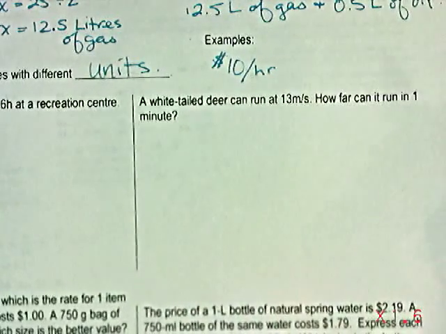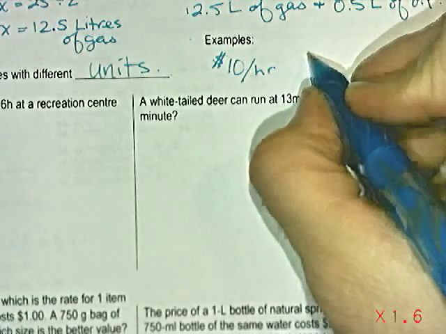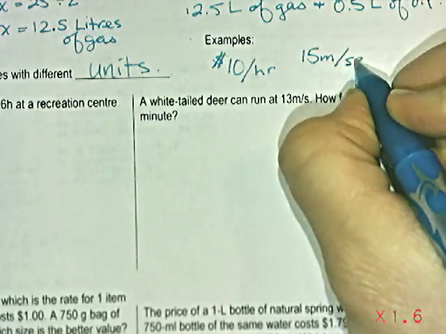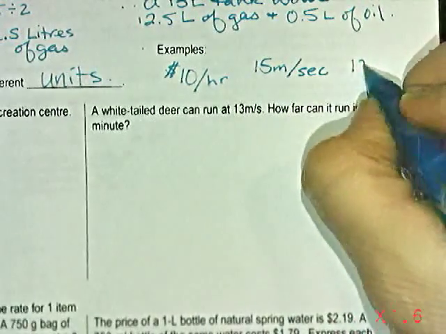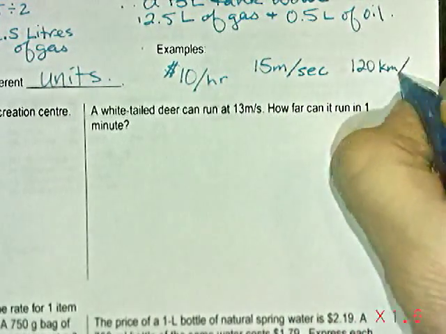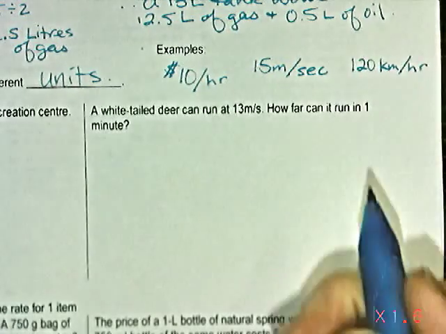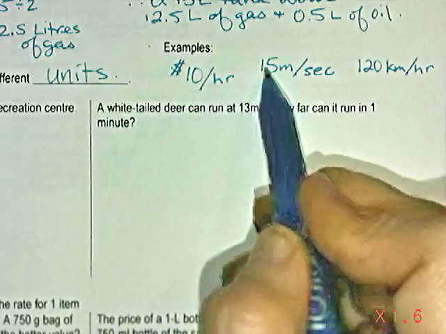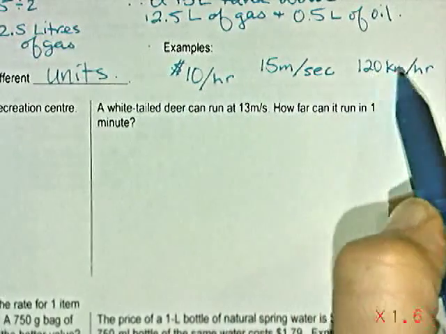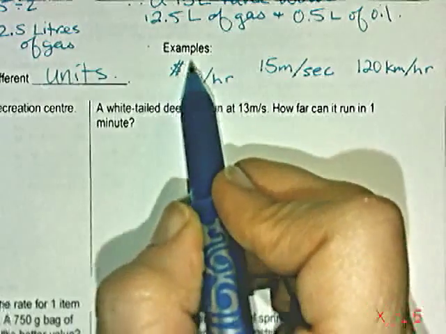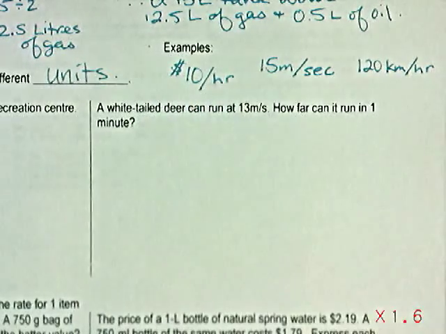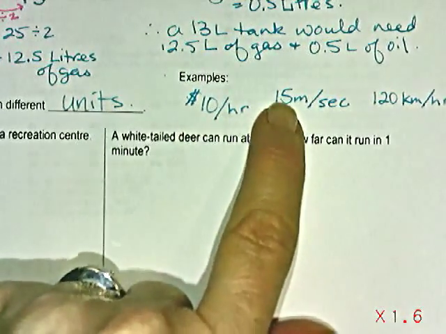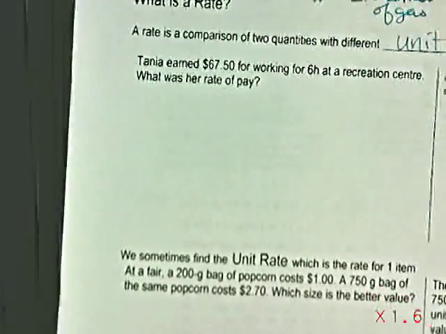Or if we talk about speed, we might talk about 15 meters per second, or 120 kilometers per 1 hour. And these are all unit rates, which we'll point out later because we're talking about an amount per 1 second, an amount per 1 hour, a dollar amount per 1 hour. And so all of these rates compare two quantities with different units.